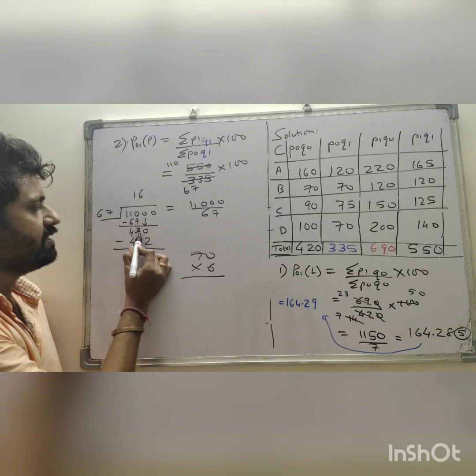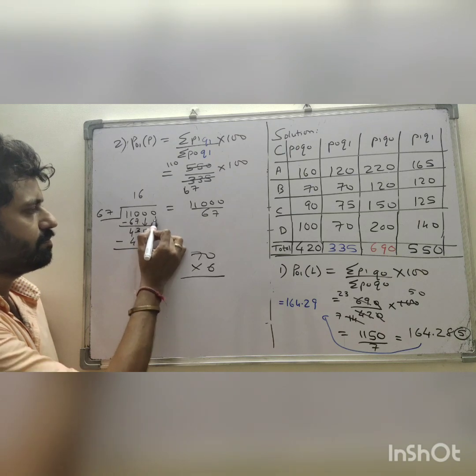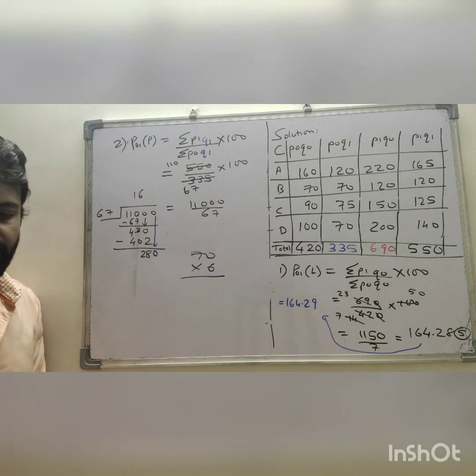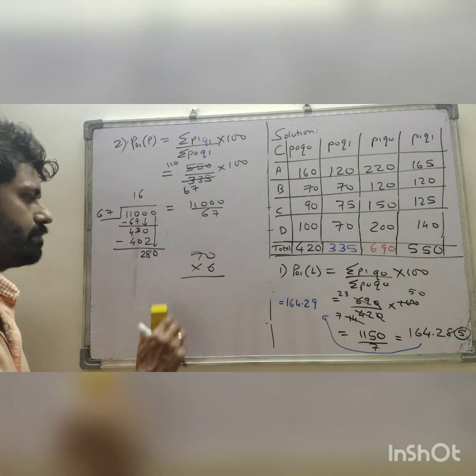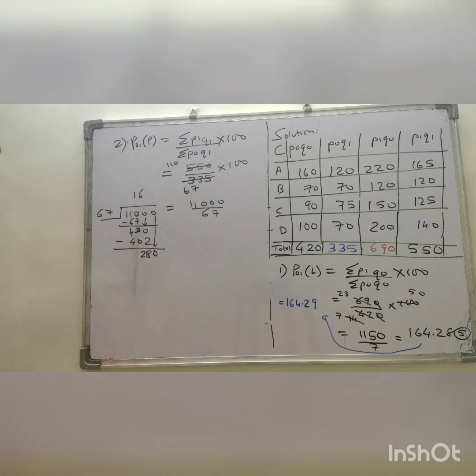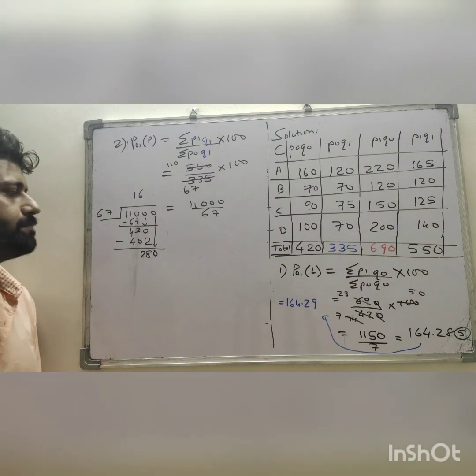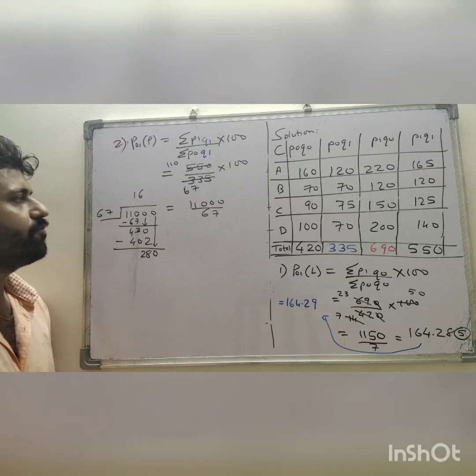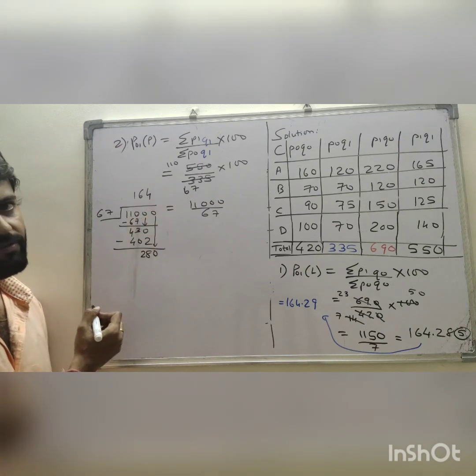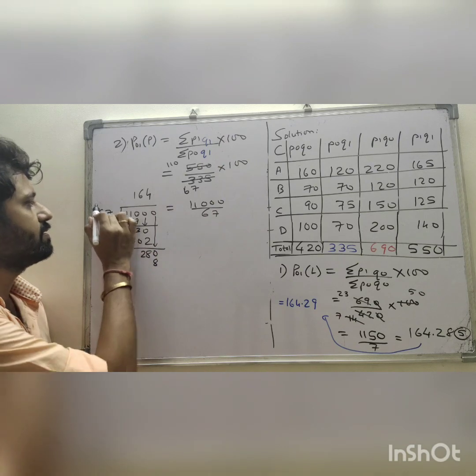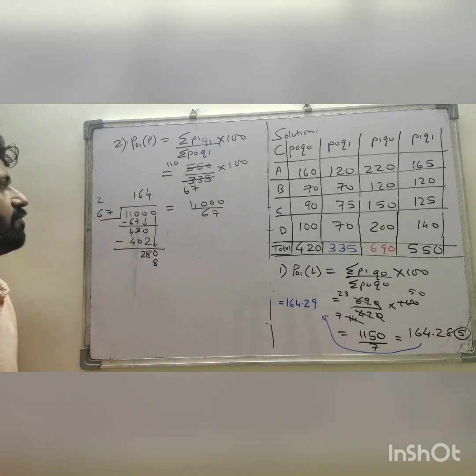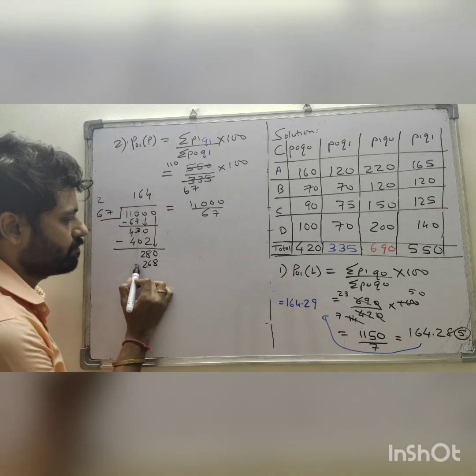So here the remainder is 30 minus 2, which is 28. Bringing 0 down, 280. 7 fours are 28, so 67 fours will definitely go. 4 sevens are 28, 4 sixes are 24, 24 plus 2 is 26.